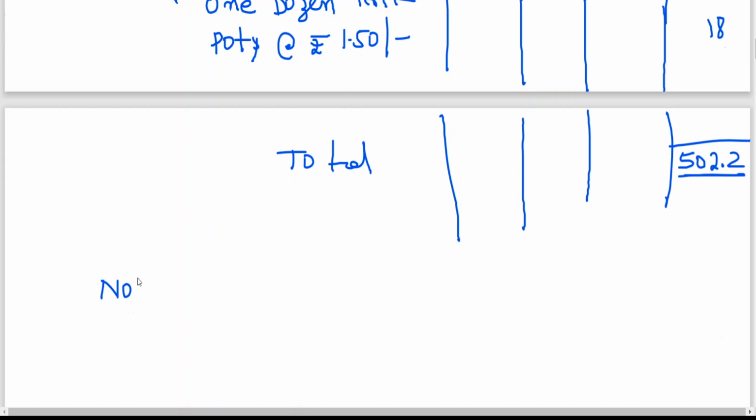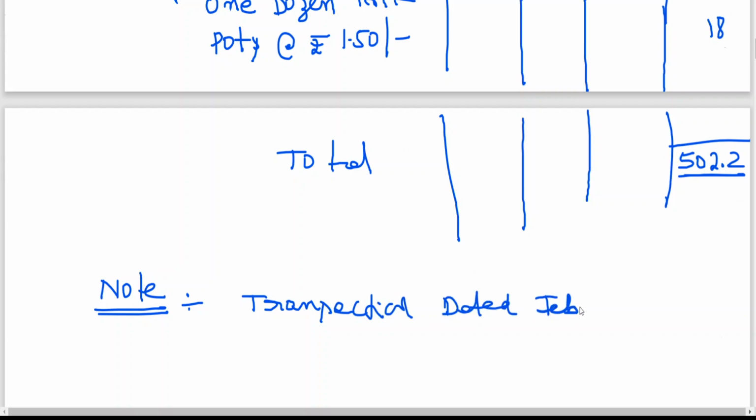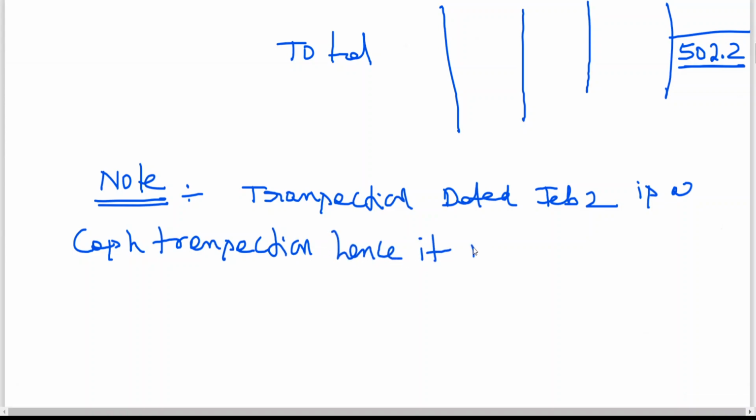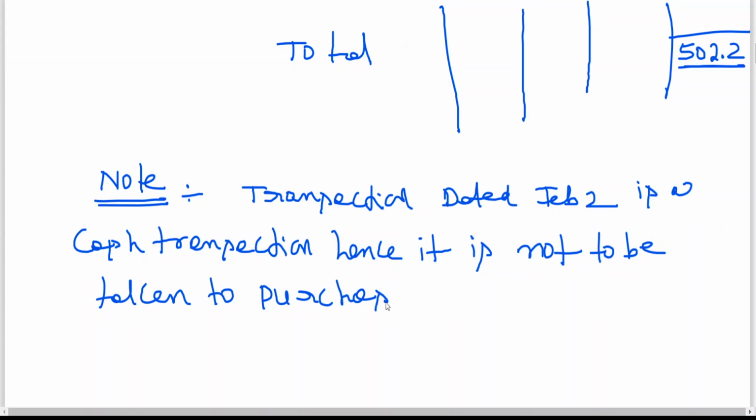Note. Transaction dated February 2nd is a cash transaction. Hence, it is not to be taken to the purchase day book.